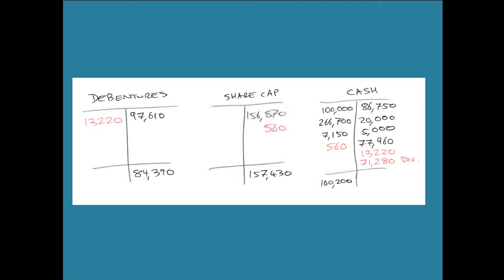When we take it in totality, we can see that 71,280 come up down here, so that's just the dividends that were paid. We can see the repayment of the borrowings, so the debentures which have gone down over here, and we can see the proceeds from the issue of share capital, and we've worked that out.